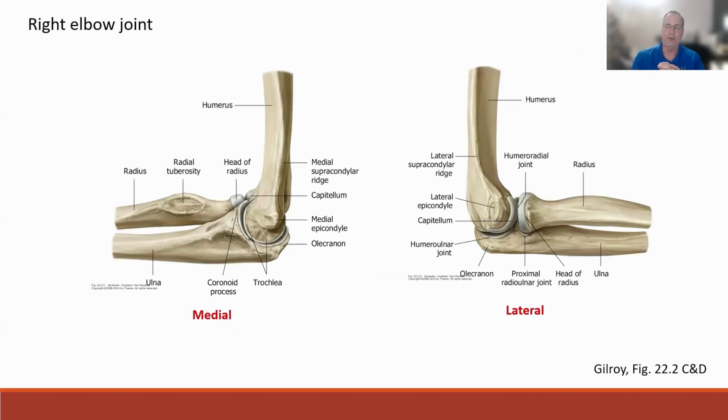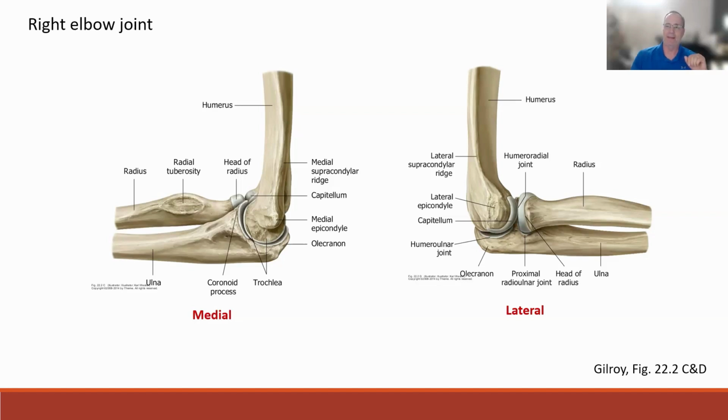Here's a quick review of the anatomy from Gilroy, and with the elbow joint, we're thinking about the articulations. We've got the articulation between the trochlea of the humerus and the ulna, and then the capitulum or capitellum on the humerus and the head of the radius.